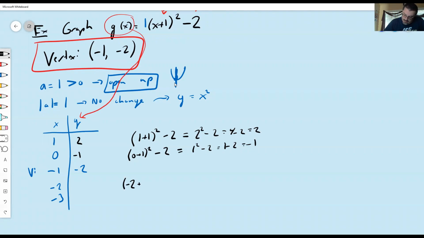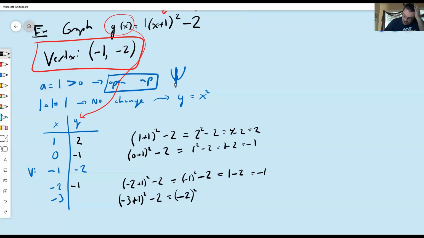Minus 2 plus 1 squared minus 2. Minus 1 squared minus 2. 1 minus 2 is minus 1. Finally, minus 3 plus 1 squared minus 2.